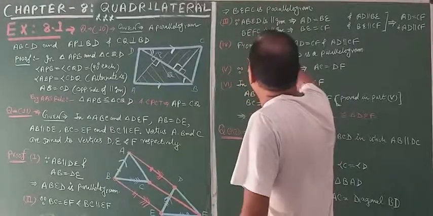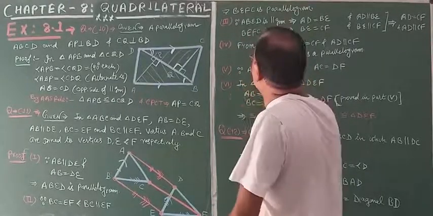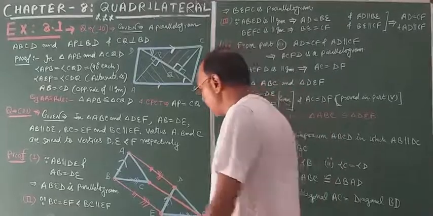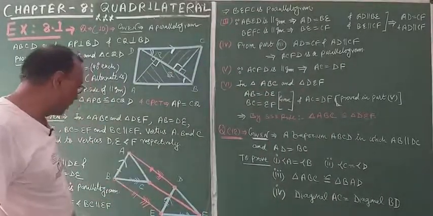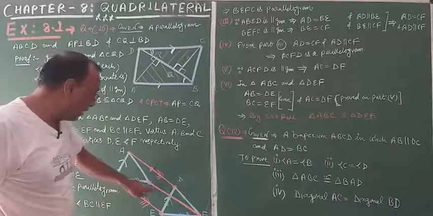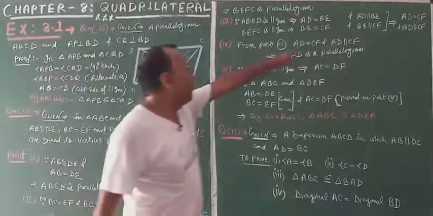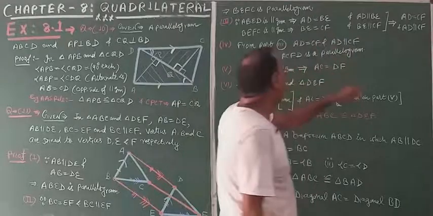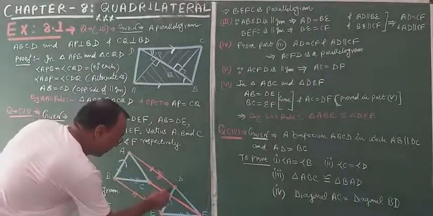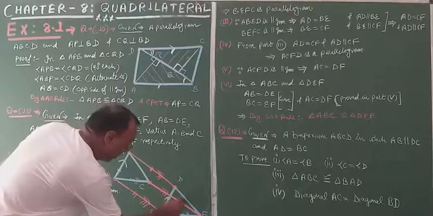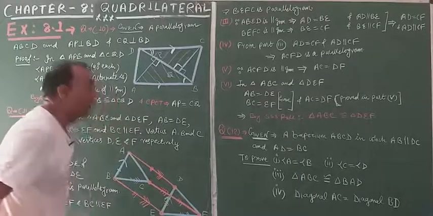Again, BEFC is also a parallelogram. Therefore, BE is parallel to CF, and BE is equal to CF. All these will be parallel and equal.